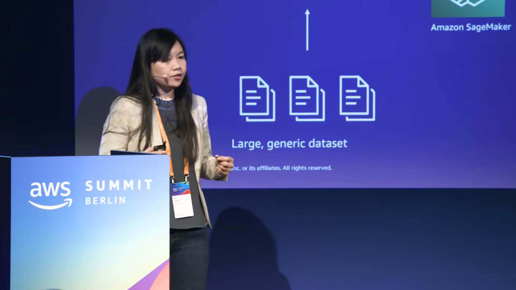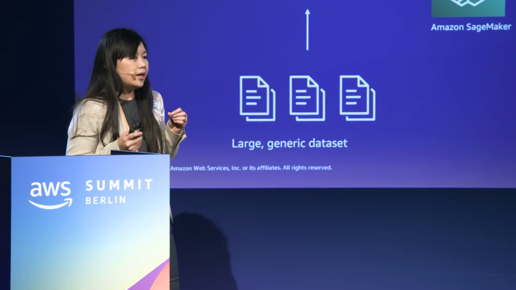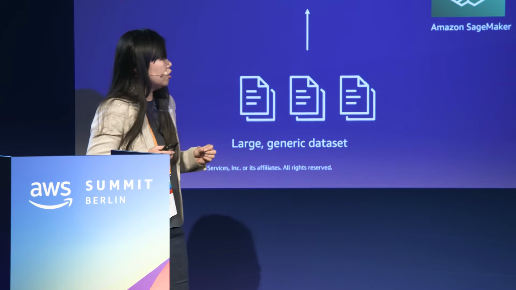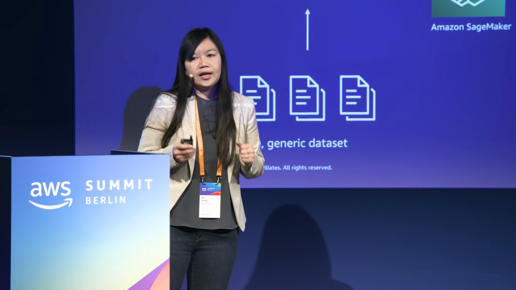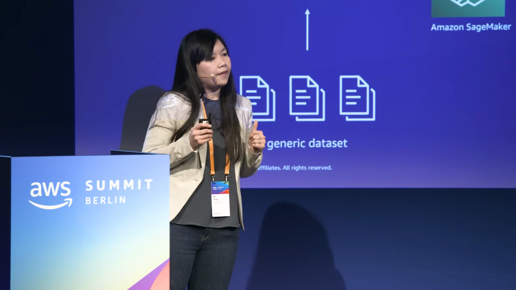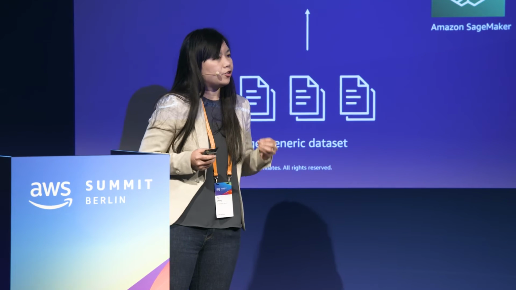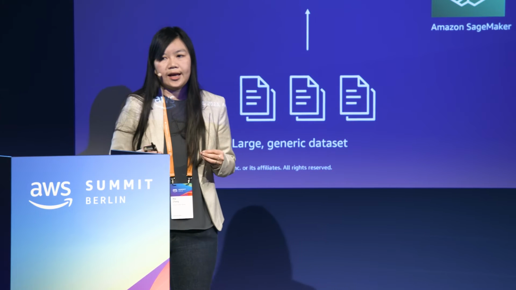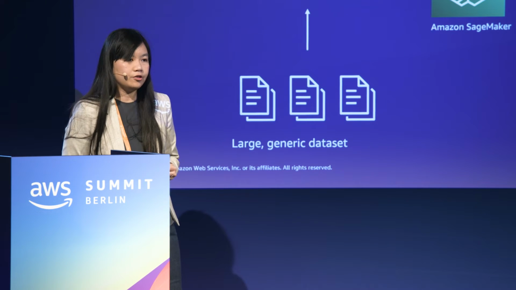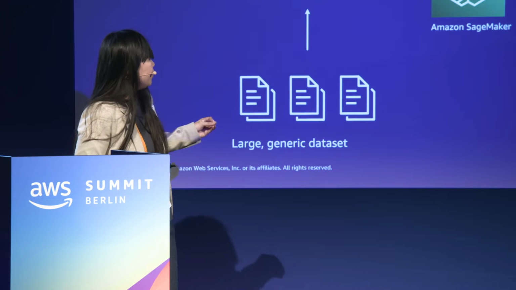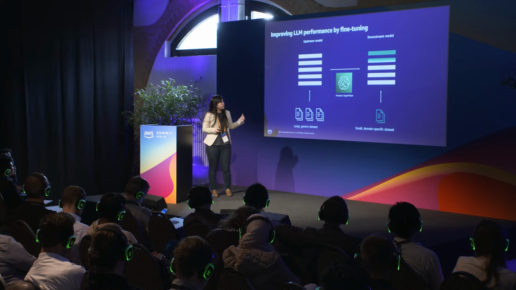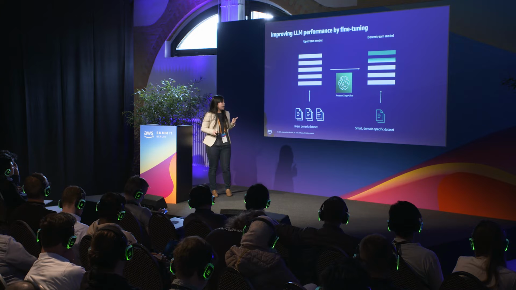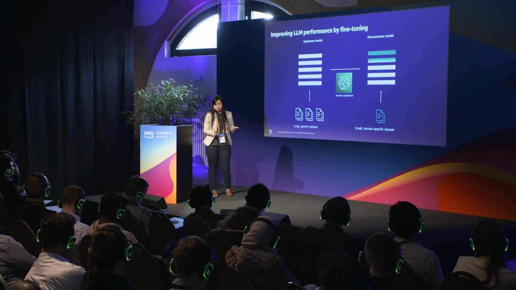We are going to fine-tune those parameters that are relevant to your use case. For example, if you are doing text summarization, you probably want to fine-tune with the text and content that is relevant for your industry and use case. With that you provide some data, and the fine-tuning could be run on Amazon SageMaker.